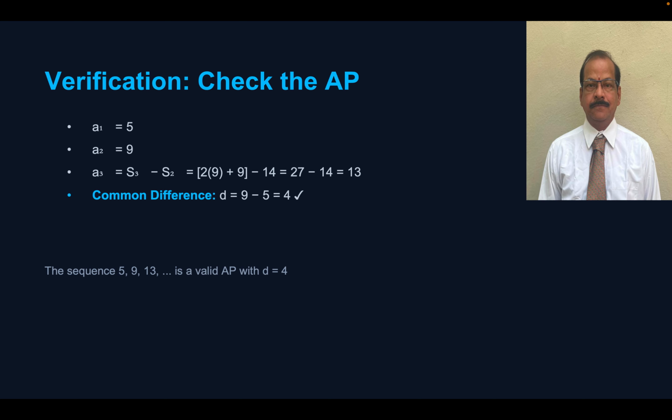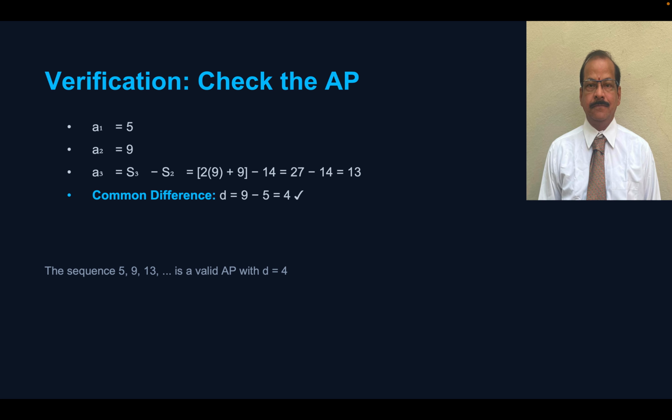So at a glance, A1 equal to 5, A2 equal to 9, A3 equal to, now if you go to A3, S3 minus S2. S3 is 2 of 3 square, 2 of 9, plus 9. So it is 18 plus 9, 27, minus 14, which is 13. So A3 is 13.